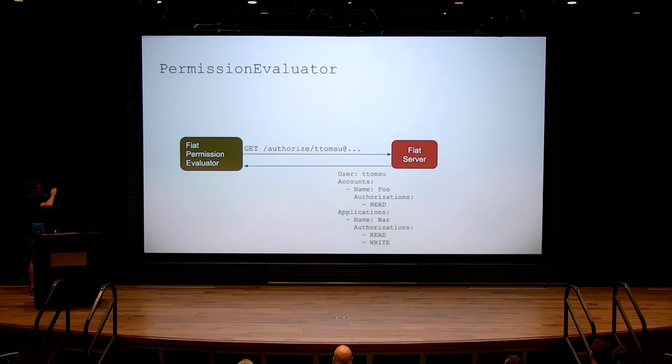In this case, the implementation is making an HTTP call to the authorization server, Fiat, and Fiat is giving back your entire resolved permission. And so the permission evaluator is using that data to make a yay or nay decision on whether or not you have access to this resource.